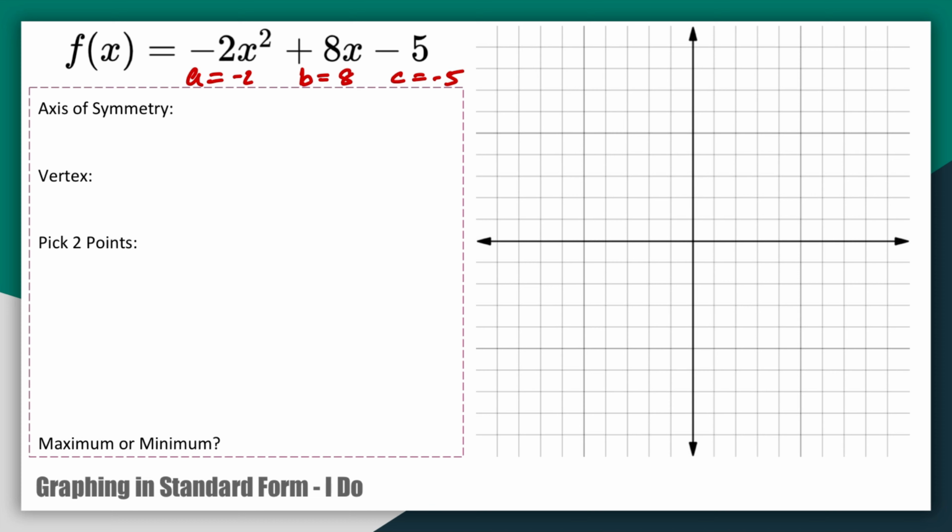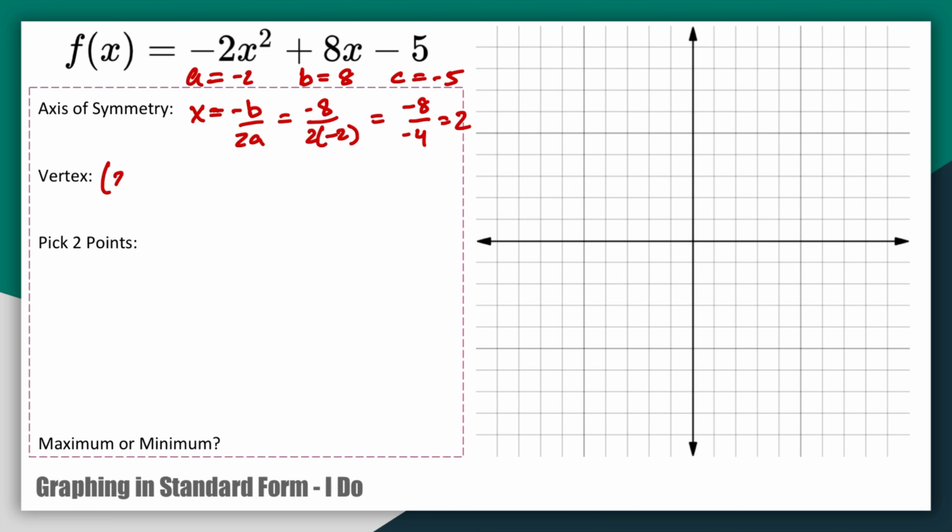Now our axis of symmetry is x equals negative b over 2a. And I get negative 8 over 2 times negative 2. 2 times negative 2 is negative 4. So negative 8 over negative 4, I end up with just the number 2. So x is equal to 2.